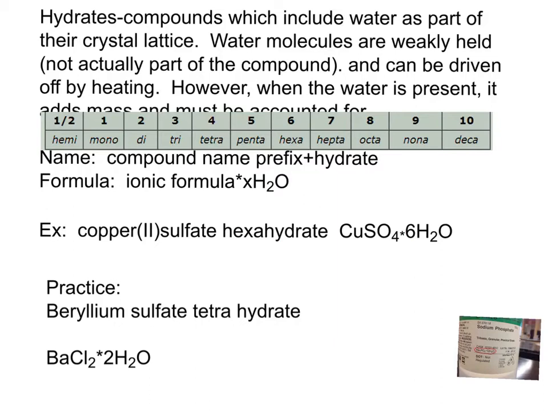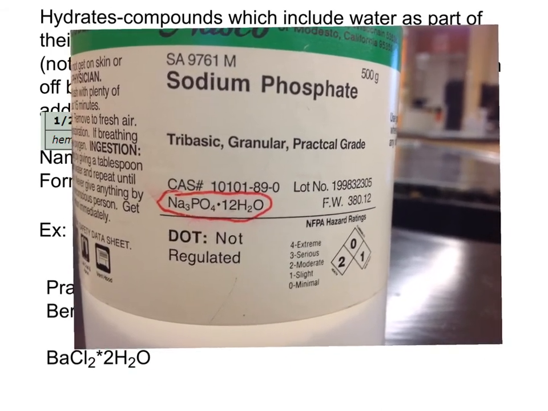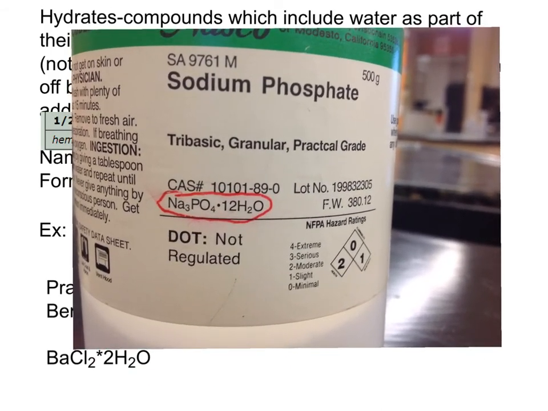Alright, so let's do a little bit of practice here then. I've got a name, we're going to write the formula, and I've got a formula, we're going to write the name. Actually, let me correct myself. Before we practice, I want to show you, I just took a picture of a bottle of sodium phosphate that we use in our lab today, and I wanted to show you that this one is in fact a hydrate, sodium phosphate, Na3PO4, dot 12H2O.